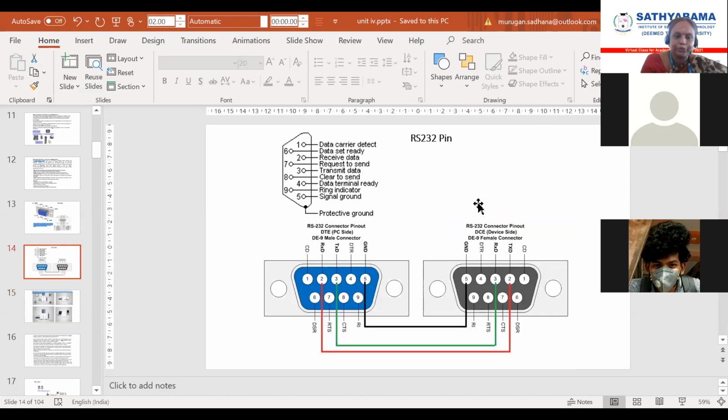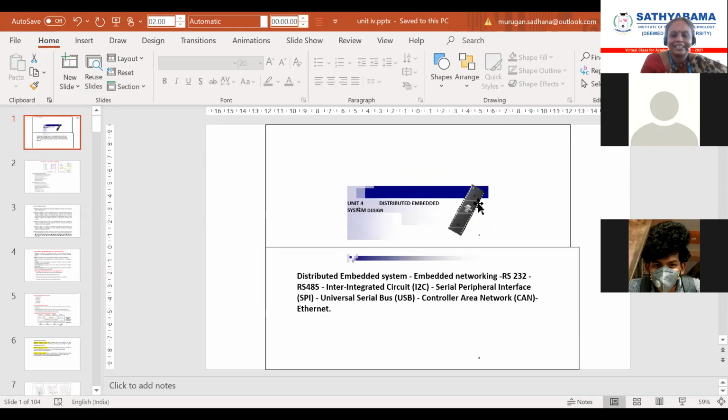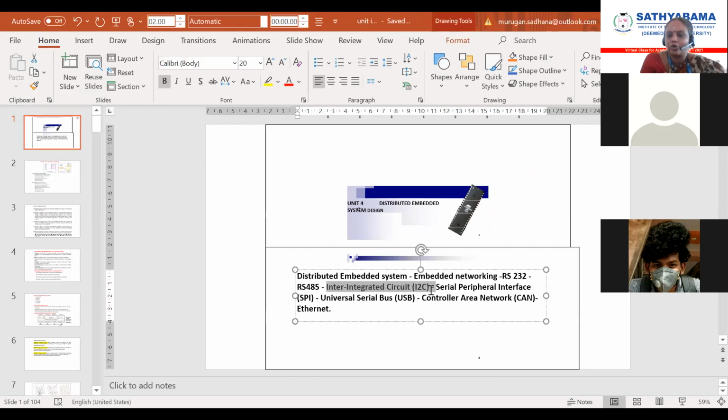The next we discussed is the inter-integrated circuit, I square C bus. It's nothing but master-slave. All are serial communication protocols. If I want to do communication, my communication protocol becomes popular. So your topic is distributed embedded systems and embedded networking.